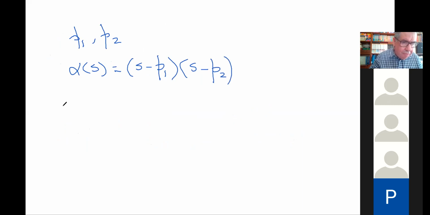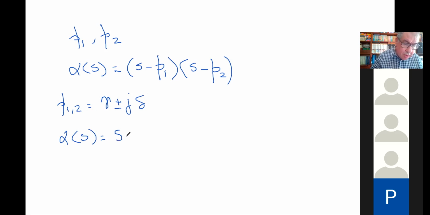Now, if P1 and P2 are gamma plus or minus j delta, then your alpha of s is (s minus gamma) squared plus delta squared.